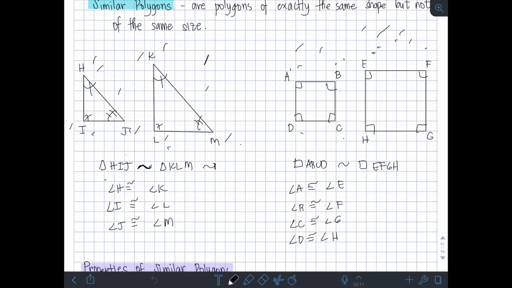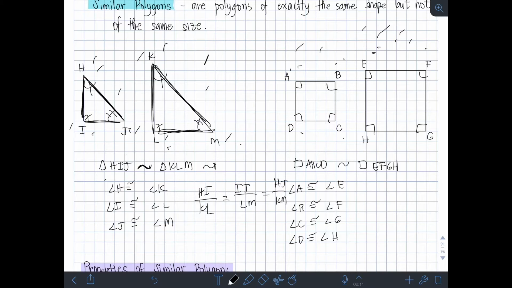So, if we have these two similar triangles, triangle HIJ similar to triangle KLM, yung ratio nitong HI over KL equal din dapat sa ratio din ng kahit ano pang corresponding side. So let's say IJ over LM, and last, etong hypotenuse, HJ over KM. So, take note, dapat corresponding sides are proportional.